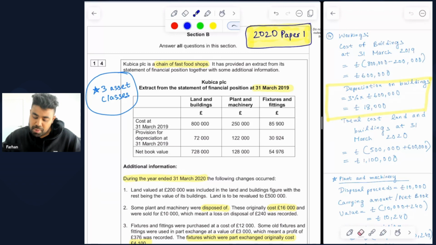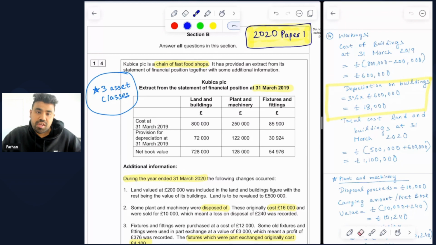And that would mean that the net book value, or the value remaining in the old fixtures and fittings, was £2,624.